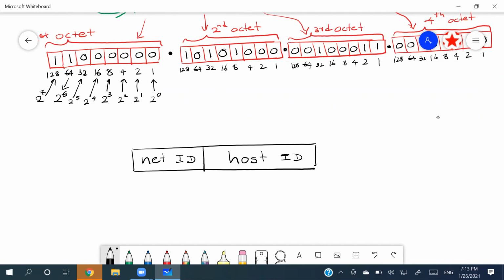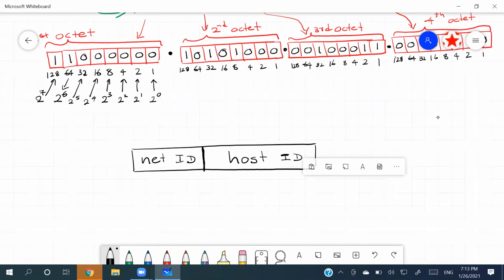We don't know from where, there is no fixed point to draw this margin. It differs due to the classes. We will talk later about what classes are. So generally this is the idea. You can talk about an IP address as octets, and you can also talk about it as net ID and host ID.